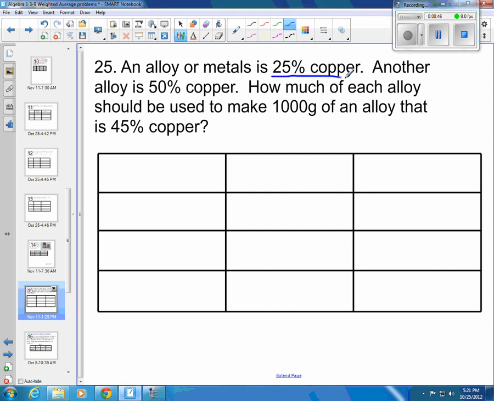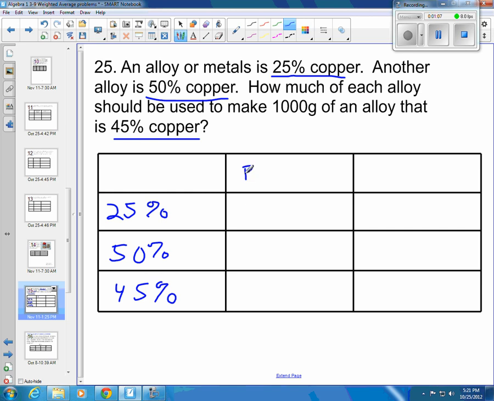So let's look at this and see. We've got 25% copper, 50% copper, and 45% copper. So that's what I'm going to put down my side. 50% and 45%. Okay, then you want to know how much of the alloy we have, how much of the mix.